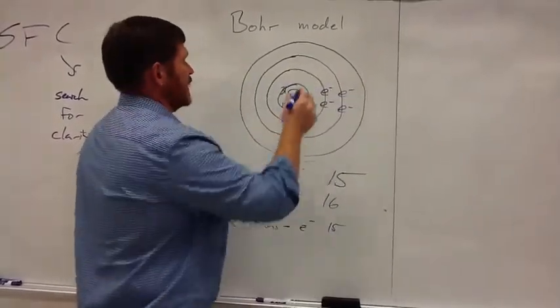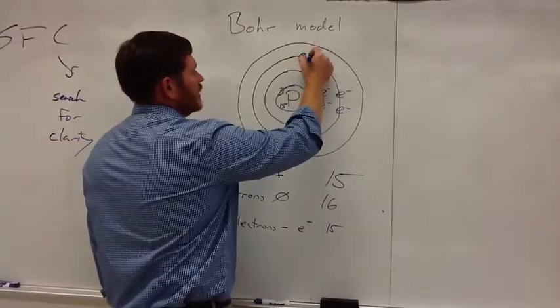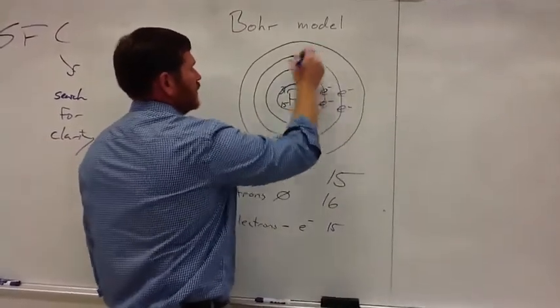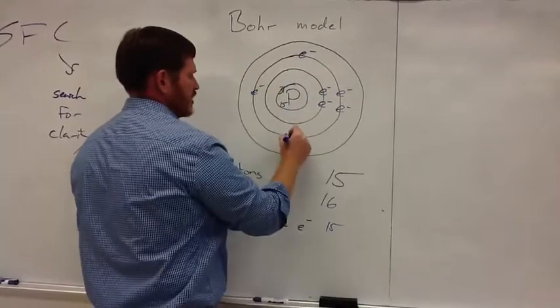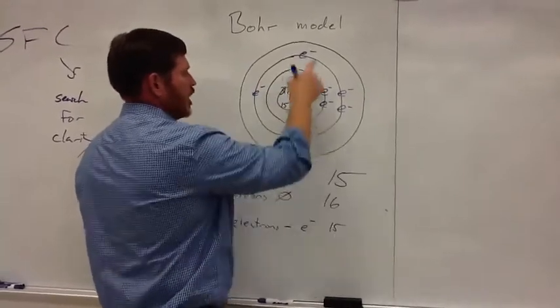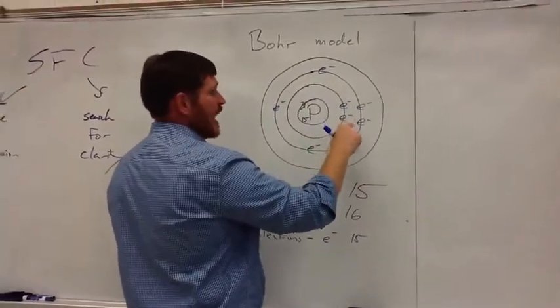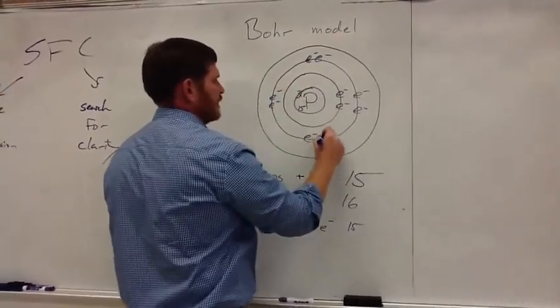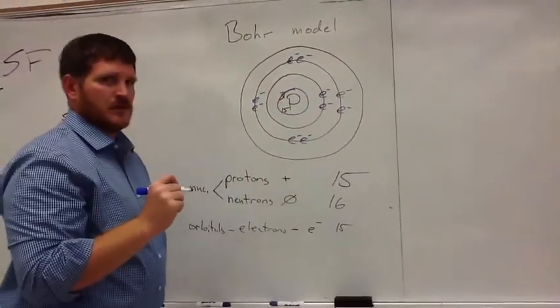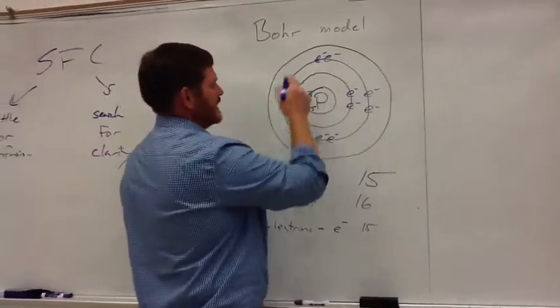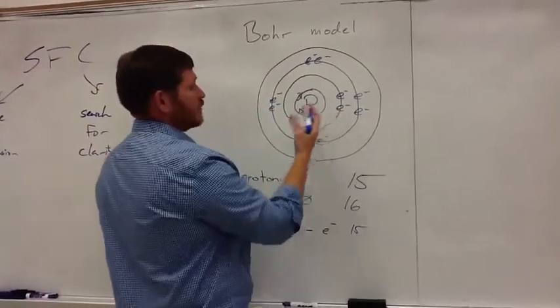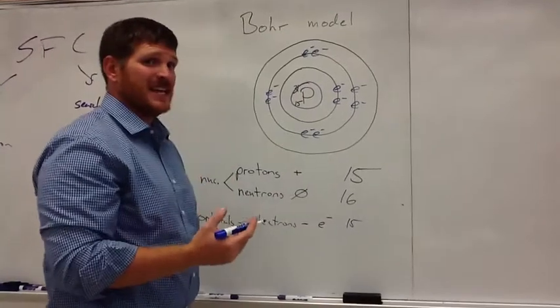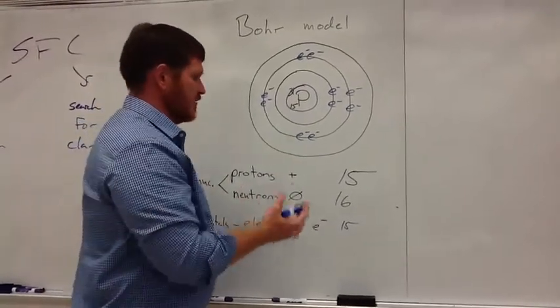Again, I'm not going to explain it, but watch what I'm doing. I write my first 2, then I do 1 each, all the way around, which gives me a grand total of 5. And then I come around again, 6, 7, 8. So I have 8 in the second energy level. So I have right now a grand total of 10 electrons. So I need 5 more.